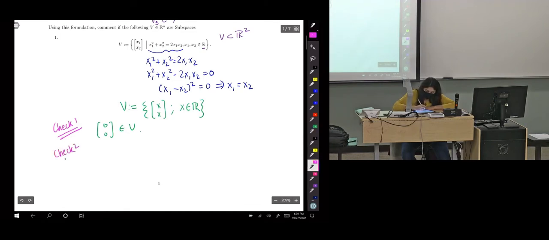Then I will check for linear combination straight away.